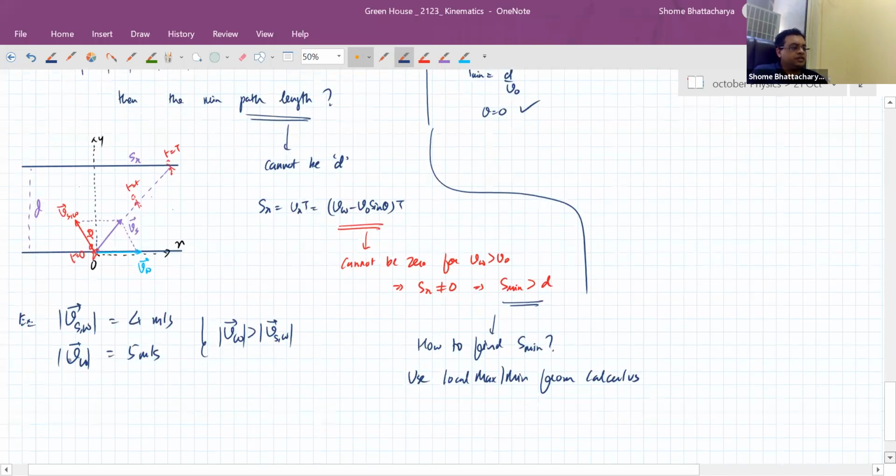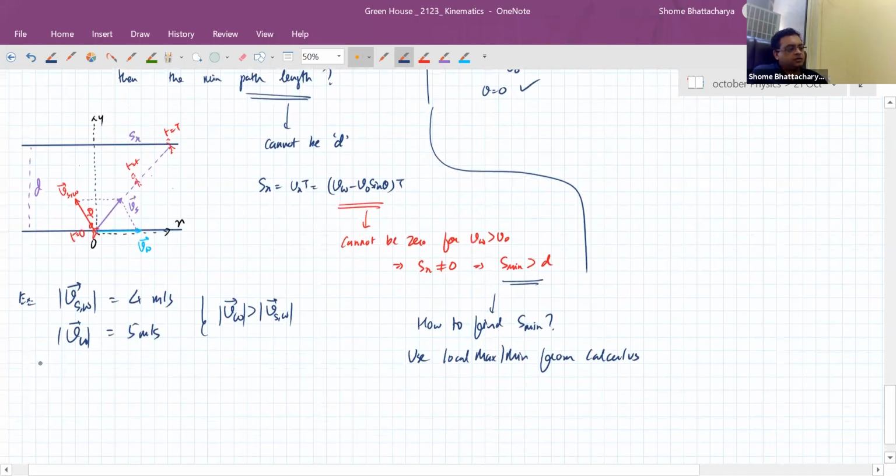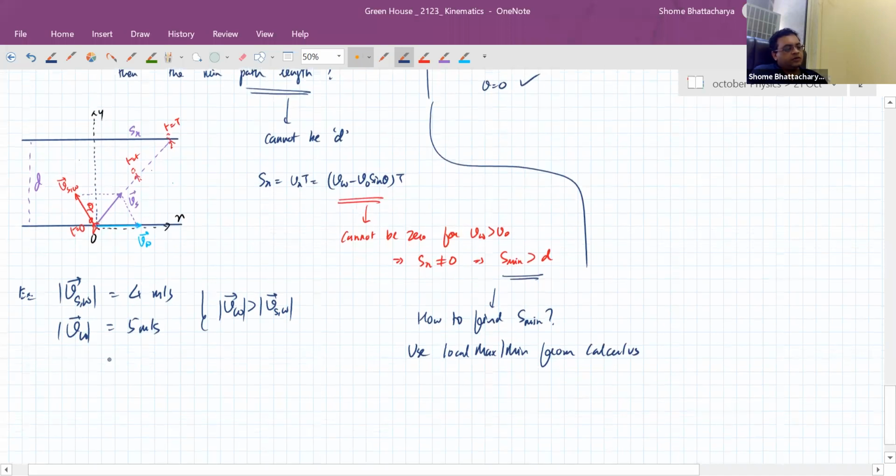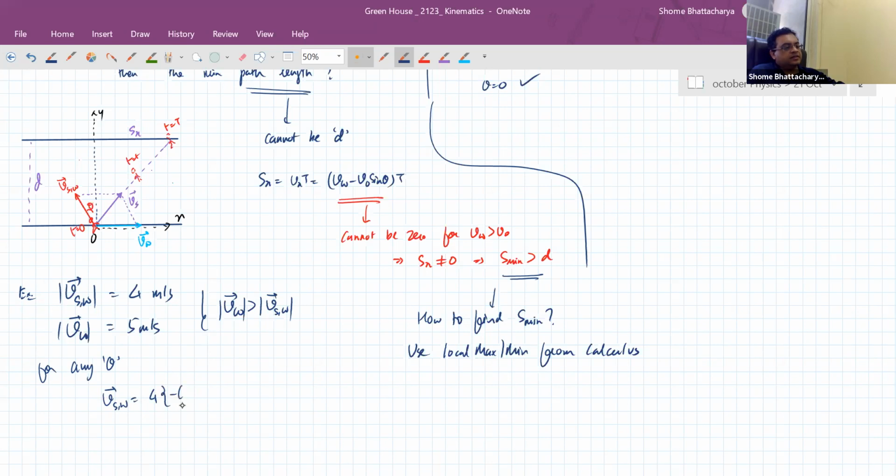So for a general theta, for any theta, you can see that as a vector, this quantity is becoming 4 minus sine theta I cap plus cos theta j cap. Okay. And this is 5 I cap.